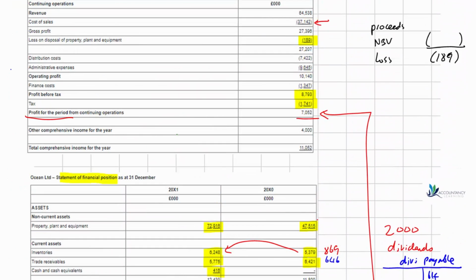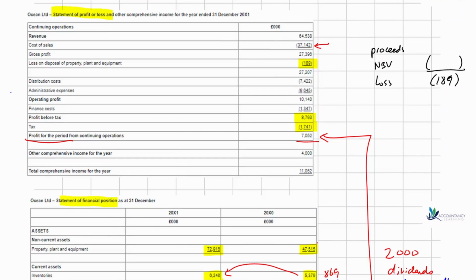Okay, is there any other number here? Yes, the other number we want to use is finance costs, 1347. That figure may be cash, but it may not be, because there could be some accruals included in it. So again, what we want to do is set up a T account for our interest payable. Here we'll have our brought forward balance and our carried forward balance.